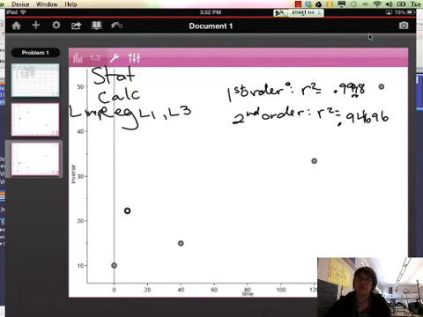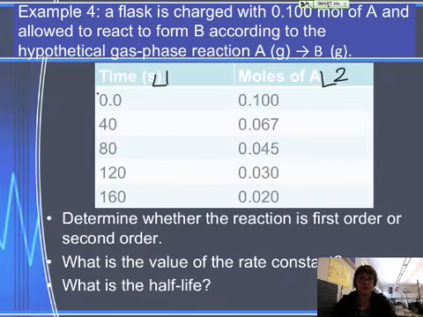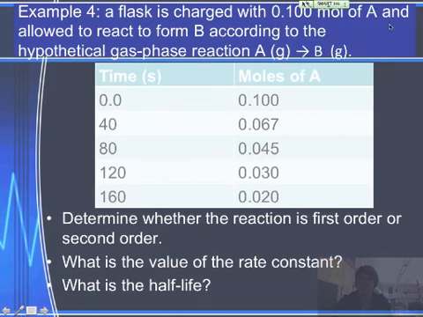So it's not as good of a straight line. This data is giving us a better first order reaction than second order reaction. So we've answered the first part of the question. This is a first order reaction because that's the one that gave us the best straight line.